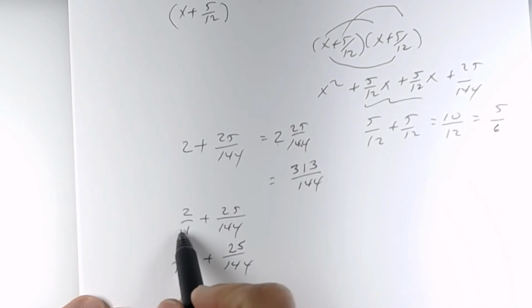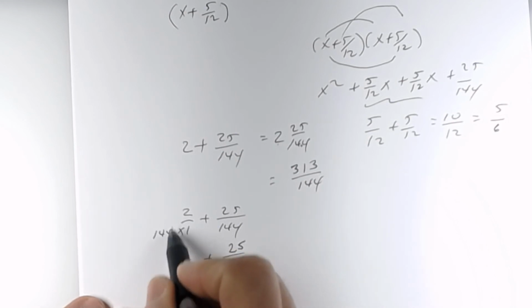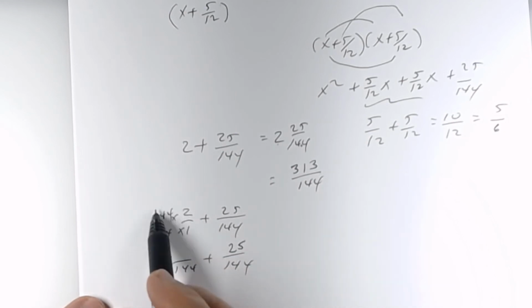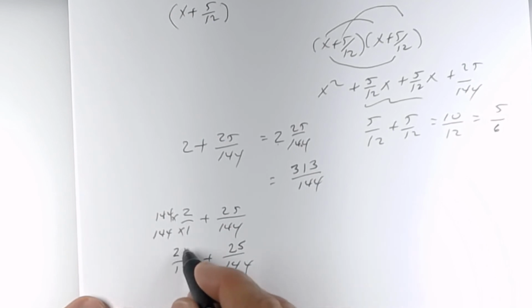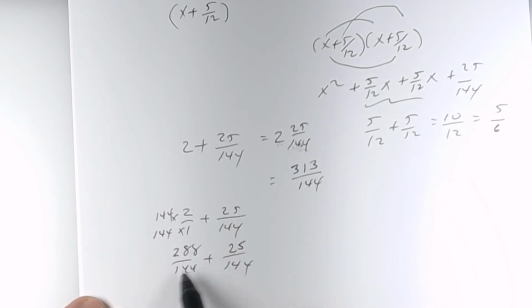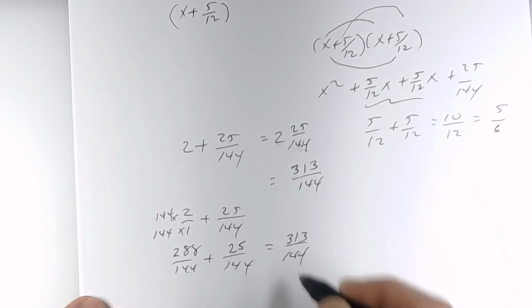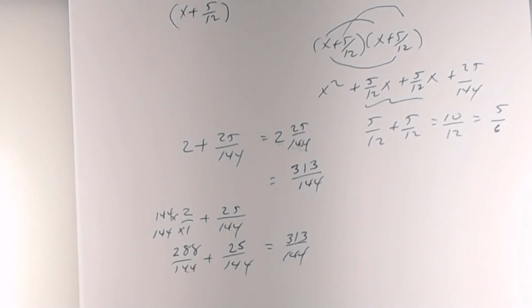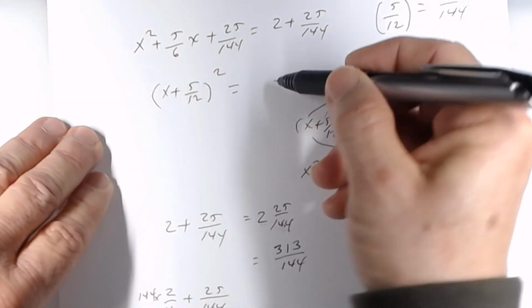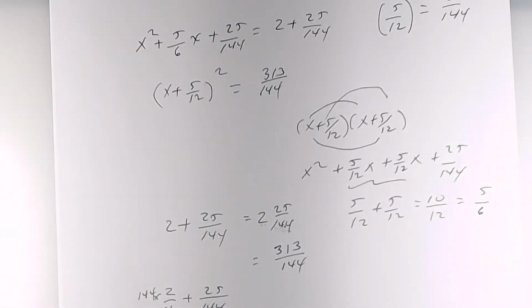I have a 1, I need it to be 144, so what do I need to multiply that by? What I do to the denominator, I do to the numerator. What's 2 times 144? 288, which is what we had here, right? And so it's 288 plus 25 over 144. 313 over 144. All right, so multiple ways you could have done that. Now that goes here.